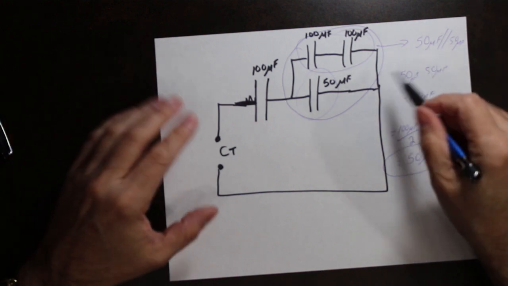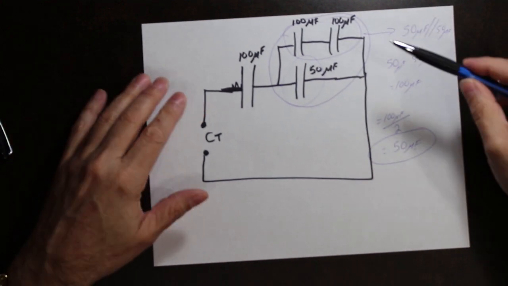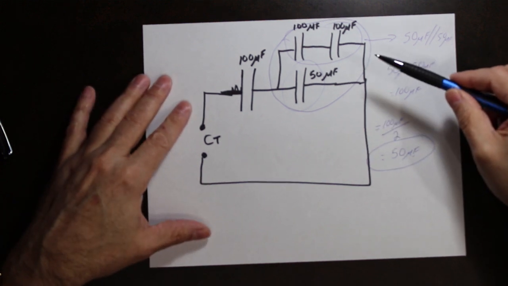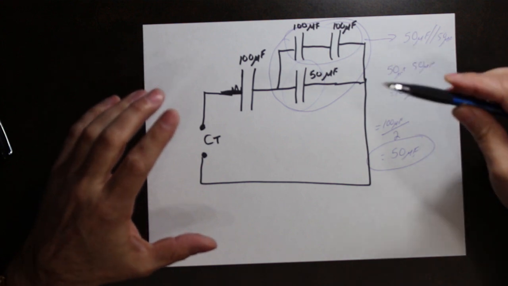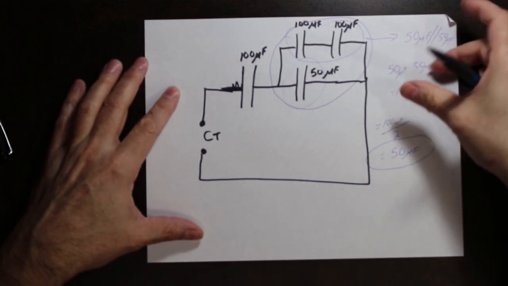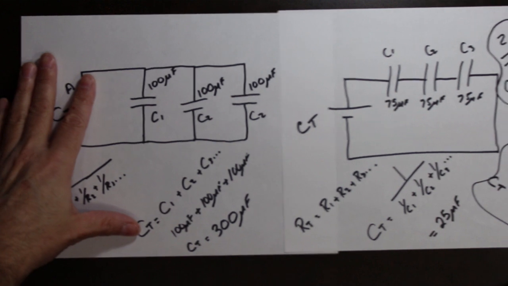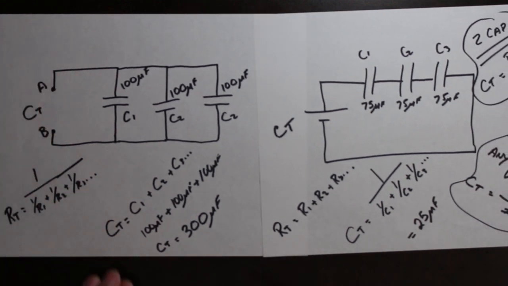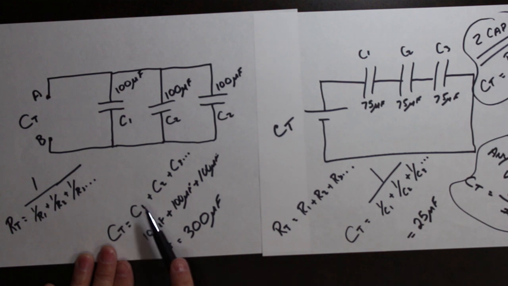So when you're working out these circuits, you work them exactly the same as if you would work a complex circuit of resistors. The only difference is that you must use the opposite formulas. If you're calculating in parallel, you add them.